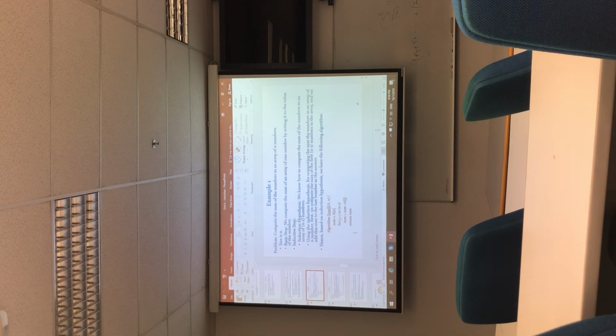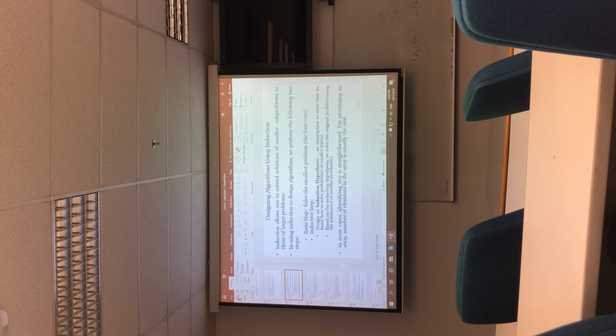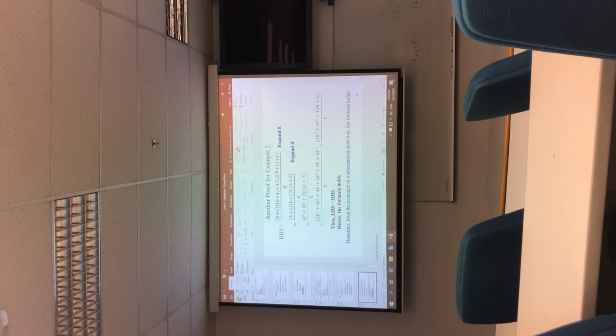How do you know when to stop expanding or stop factorizing? Oh, yes. You see here, all are individual terms already.